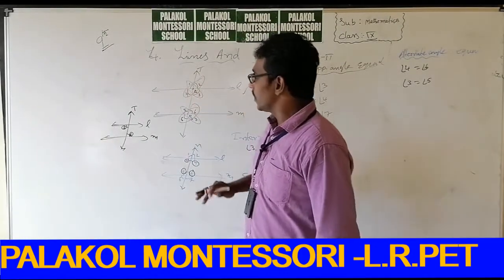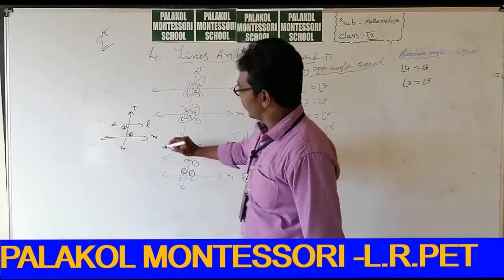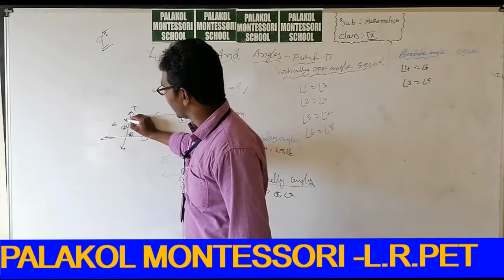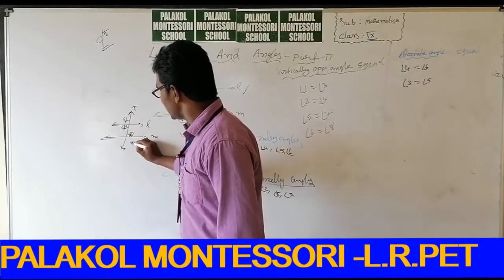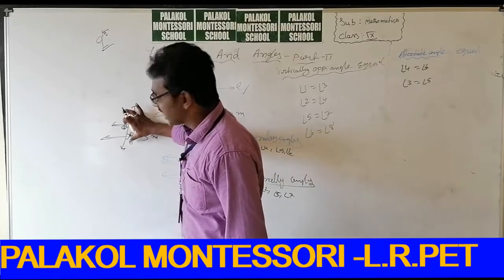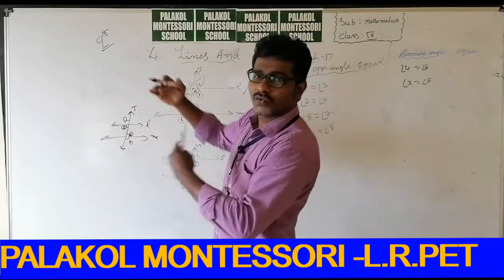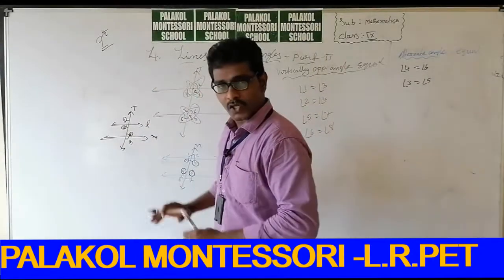The same thing you apply here. See, guys. Here, angle 1 is an exterior angle, angle 7 is an exterior angle. Angles 1 and 7 are on the other sides of the transversal, one is up and one is down.